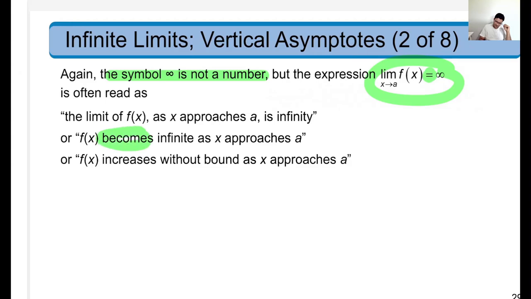I would not agree to saying this becomes infinite. Actually, I would say f of x tends to infinity, becomes large or arbitrarily large. Increases without bound is another good phrase to describe the situation. To describe the situation of the limit being infinity, you can say the function increases without bound as x approaches a.